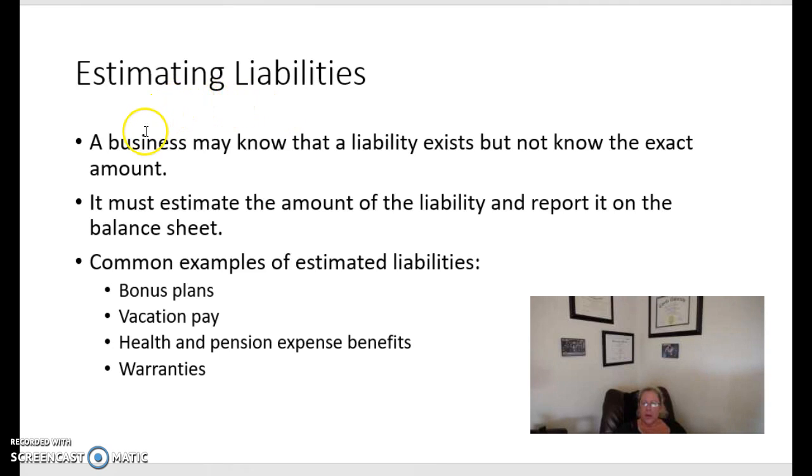Also, sometimes businesses may know that they owe something, but they don't know the exact amount. That can happen. And so they have to estimate the amount of the liability, and they have to report it on the balance sheet. So this can be things like bonus plans, vacation pay, health and pension expense benefits, and warranties. Warranties to me is one of the easier ones to understand because we all have bought products that have warranties.